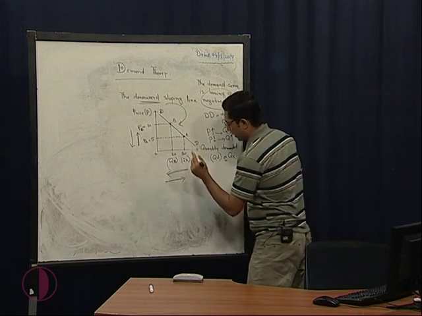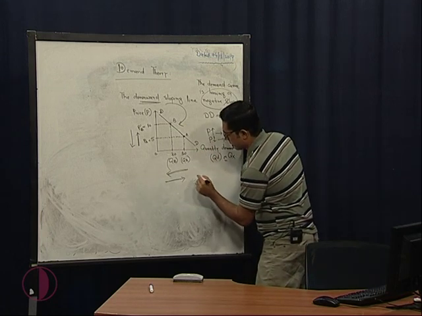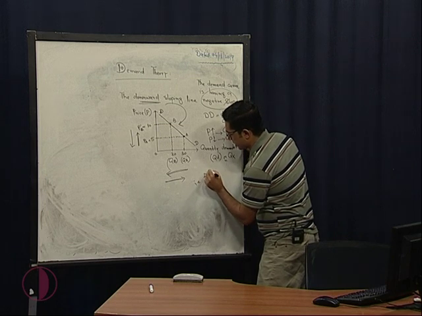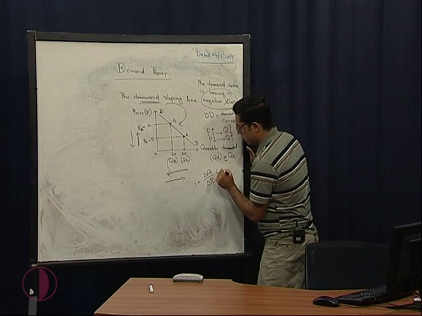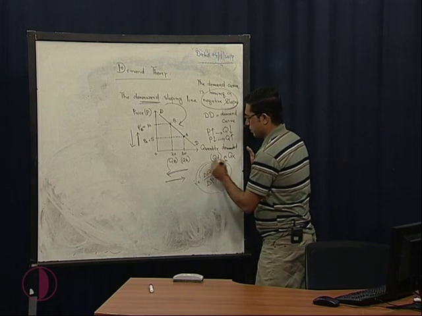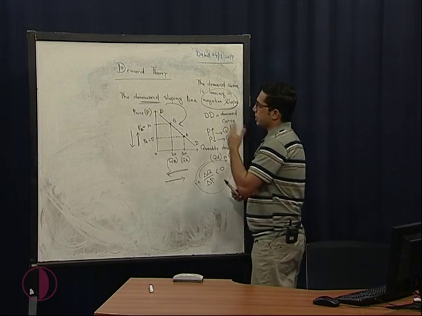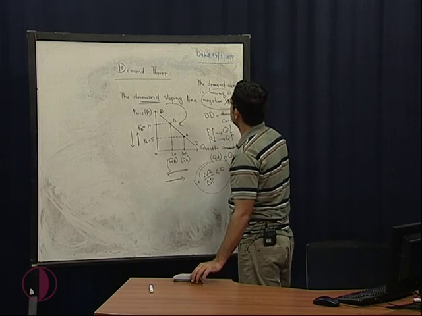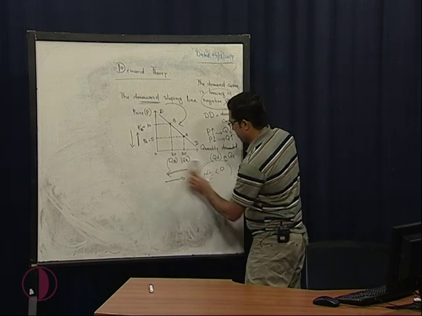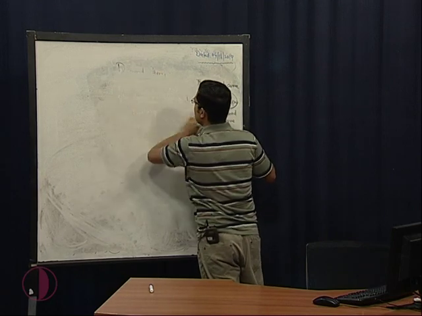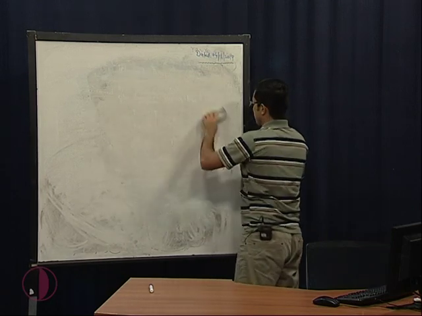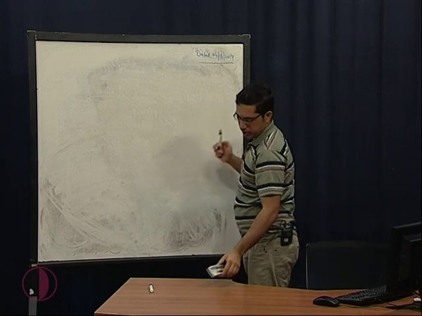I will discuss it later in the elasticity concept. That is, change in quantity due to change in P will be less than 0, meaning it will be negative. I will discuss it in detail after this point. So this was the concept of the law of demand.